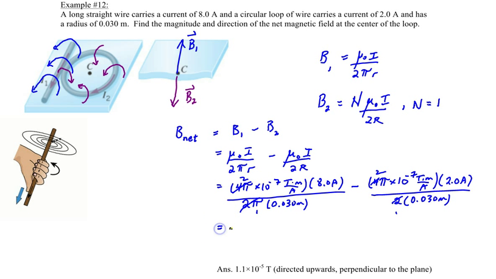After putting it into your calculator, you should get an answer of 1.14 times 10 to the power of negative 5 Teslas. Since the answer comes out positive, that means it's in the same direction as B1, which means it is directed upwards, perpendicular to the plane of the page, as listed below. And that's it for this example.